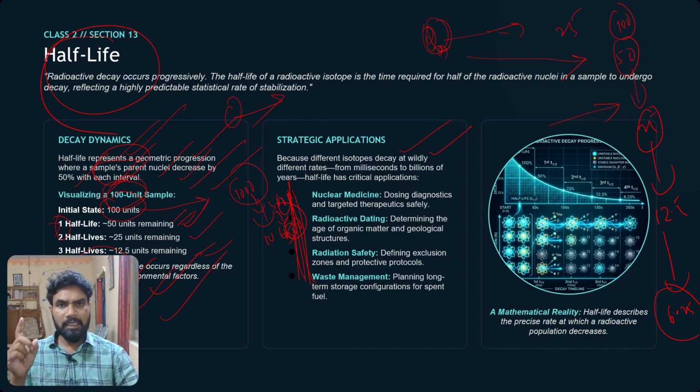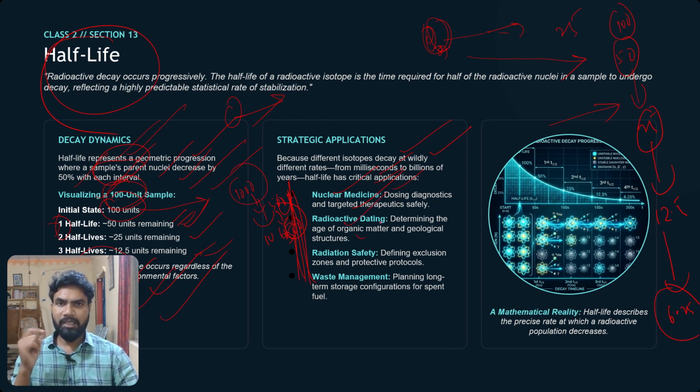So by studying the half-life or decay of isotopes, which sometimes is milliseconds and sometimes billions of years, it has critical applications. It is used in nuclear medicine. Dosage will be decided based on the half-life of isotopes.